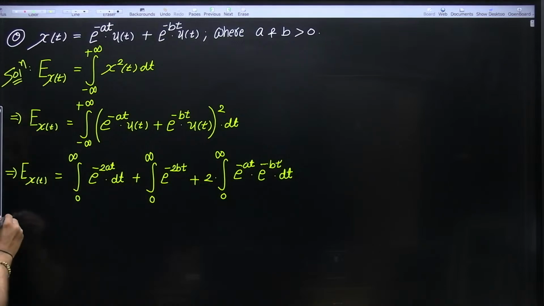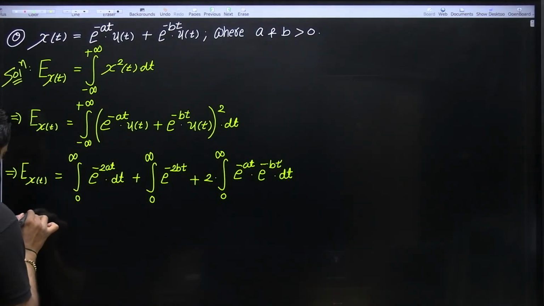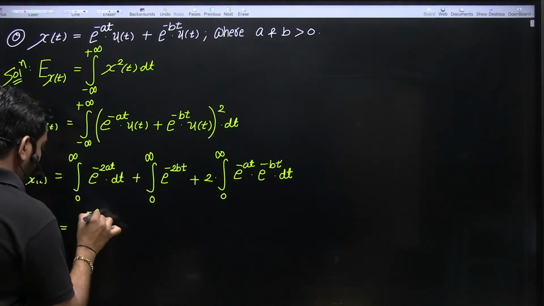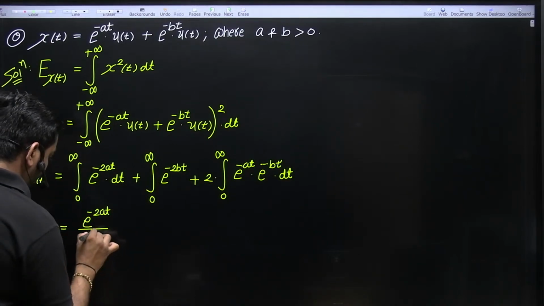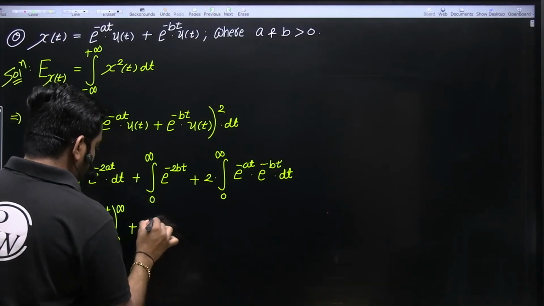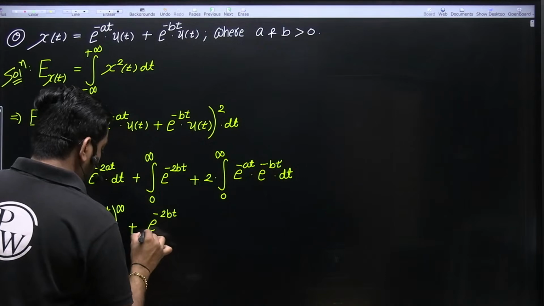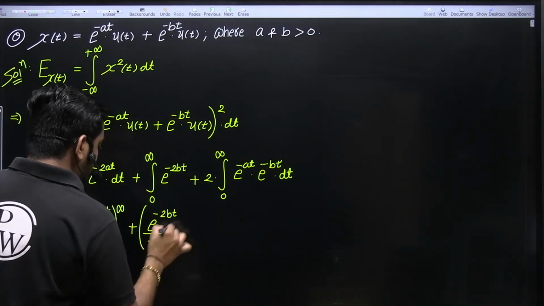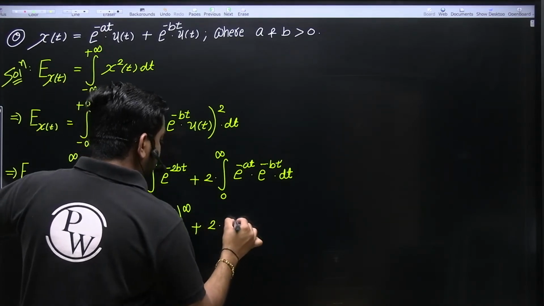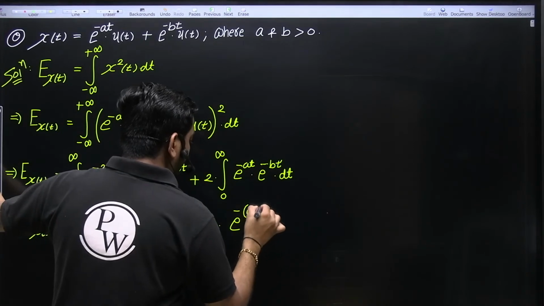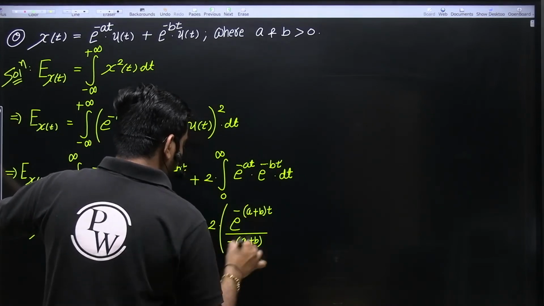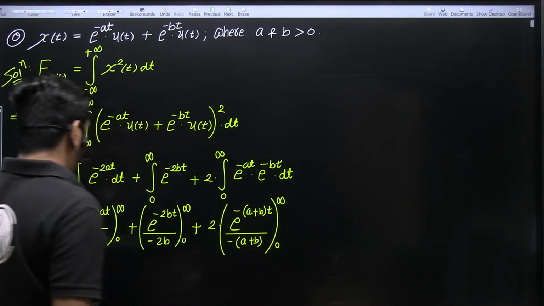Clear? So here the answer: e^(-2at) divided by minus 2a, integration 0 to infinity, plus e^(-2bt) divided by minus 2b, integration 0 to infinity, plus 2 times e^(-(a+b)t) divided by minus (a+b), limit 0 to infinity.